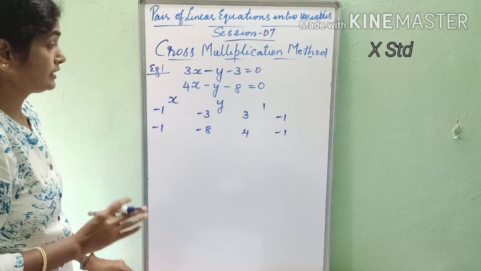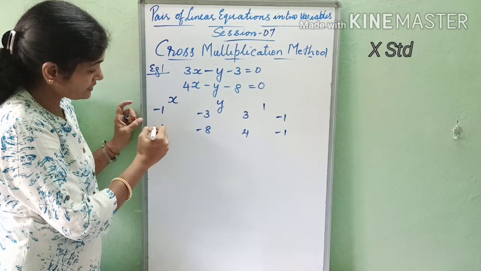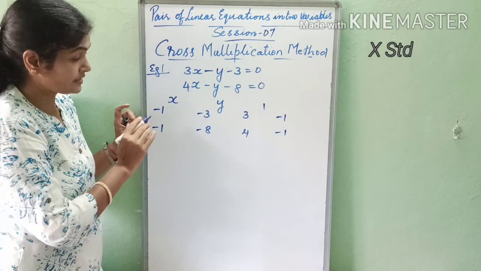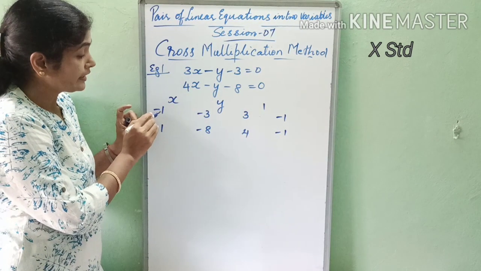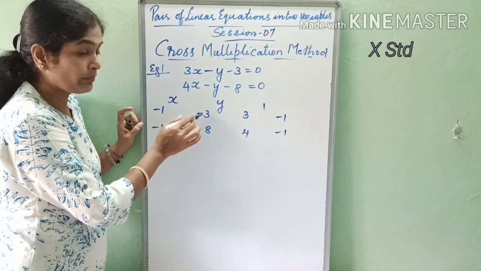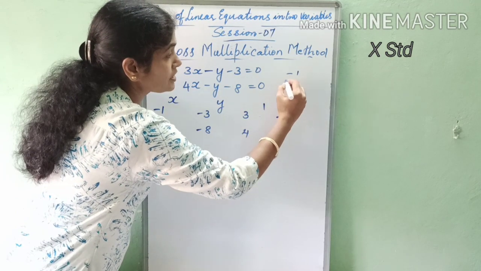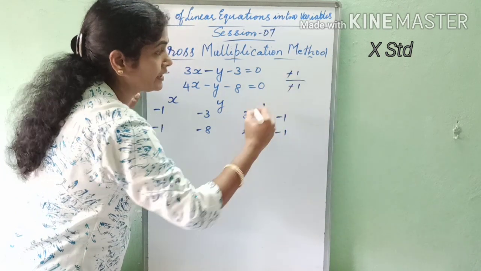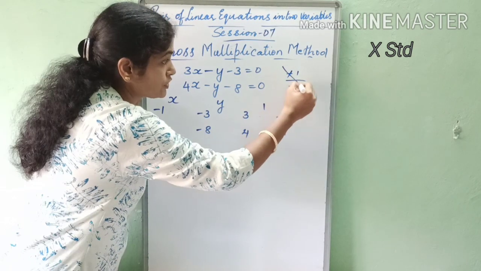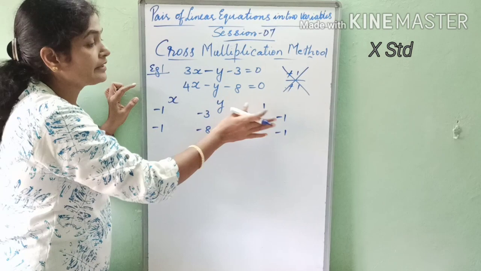Next step. Now you just see one important thing. Don't think that we can cancel these two, both of them are in minus sign. We have just written minus 1 below minus 1, then minus 8 below minus 3. It's not a fraction, so we have not written it like minus 1 by minus 1 so that I can cancel these minus signs. No, we should not do like this. It is wrong. We have just represented them in this form.